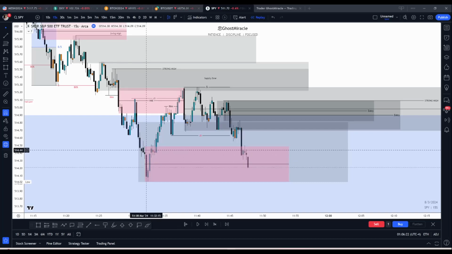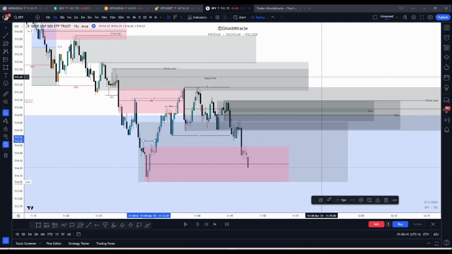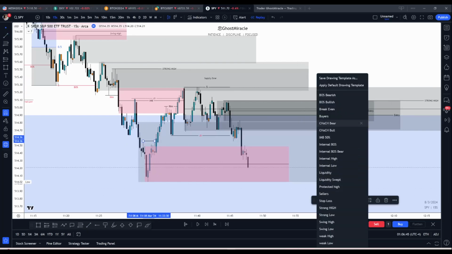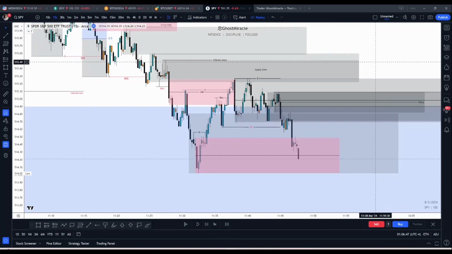Like if you took a breakout, because on the lower time frame it did give a nice push up, internal break, maybe take an entry here. Well, let's see. Because you had low, high, low. So this is technically your change of character right here on the 15-second for entry 4.